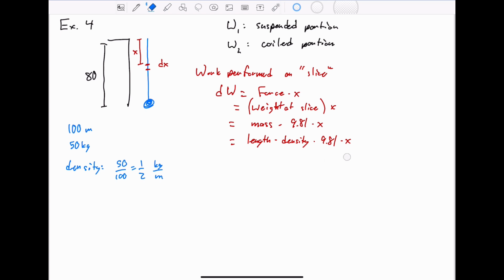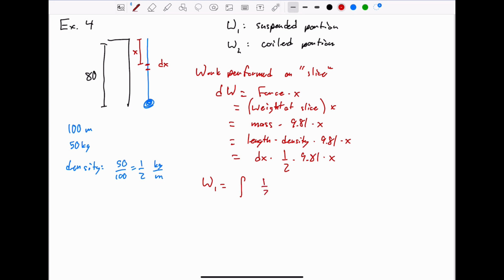The length is the small change in x, dx. So length here is the length of our little slice, dx. Density is 1/2 times 9.81. This is the same expression that we had in the previous problem. So the total amount of work for the suspended portion of the chain, this is work 1, we can find by integrating.